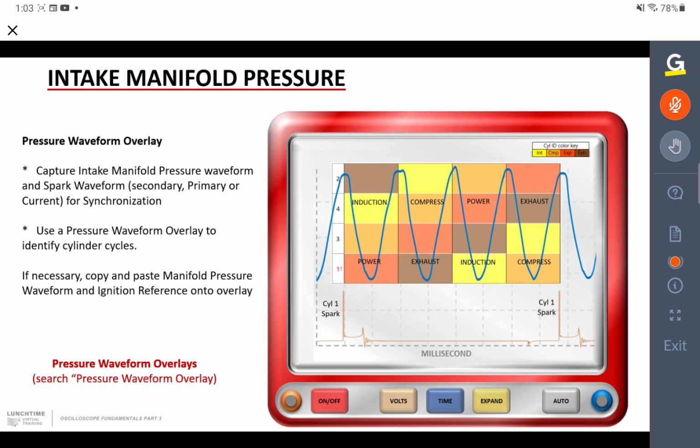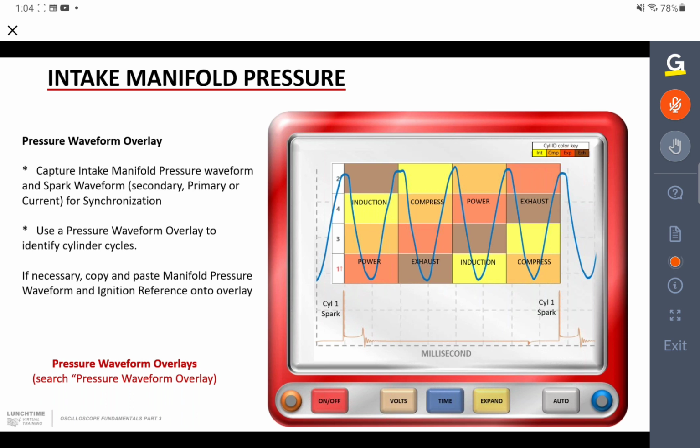But normally, if you've just got a conventional scope that's not displaying through a computer, what you tend to need to do is copy and paste the waveform and then overlay it onto this free download, this pressure waveform overlay.